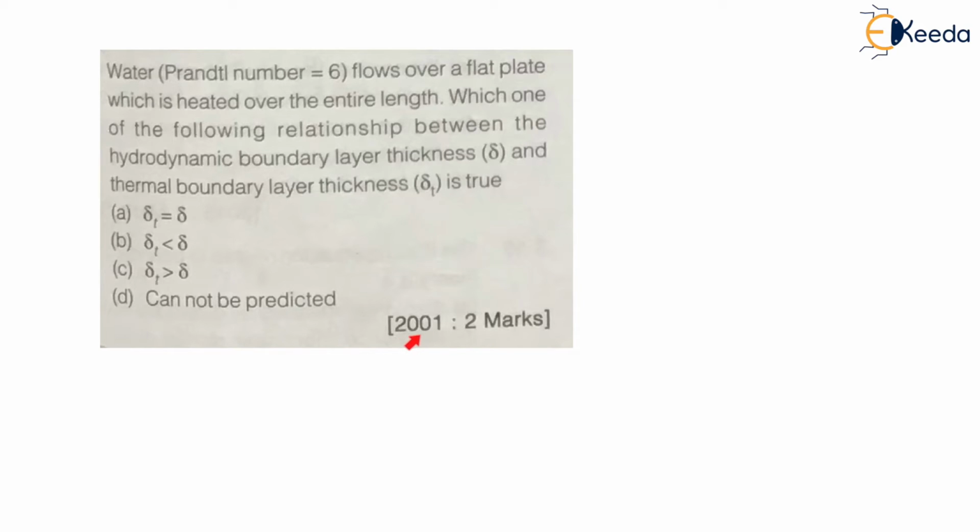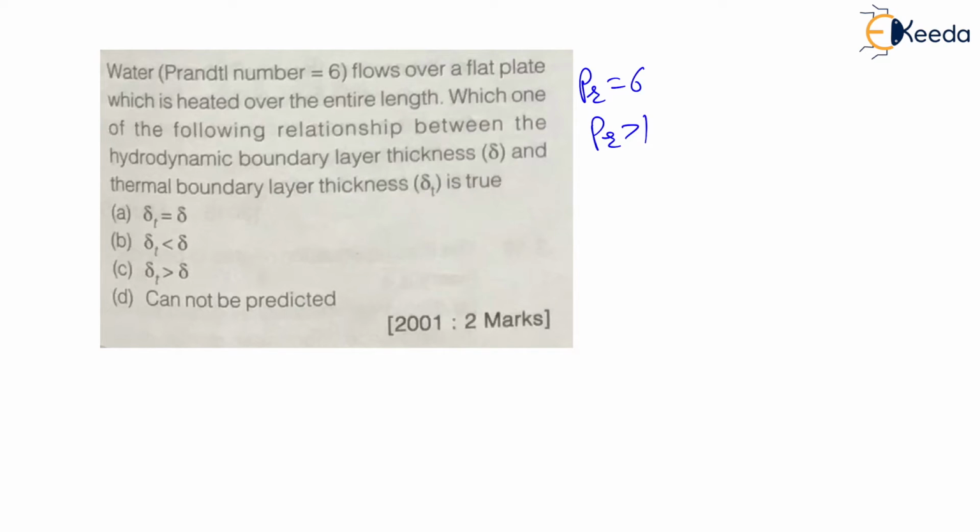Next question, which was asked in GATE 2001 for 2 marks, is: water, Prandtl number is 6. Now here Prandtl number is equal to 6, and this Prandtl number is more than 1, right? Then it flows over a flat plate which is heated over its entire length. Which one of the following relationships between the hydrodynamic boundary layer thickness delta and thermal boundary layer thickness del T is true?